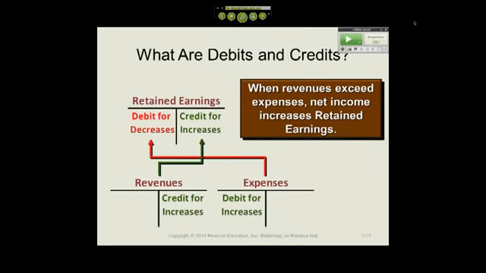So if I have a revenue, I credit revenue to increase it because it increases retained earnings. If you think of this giant retained earnings account where you stick in the revenues, that's the way you can understand this best. Revenues go up by credits and they increase retained earnings. Expenses.